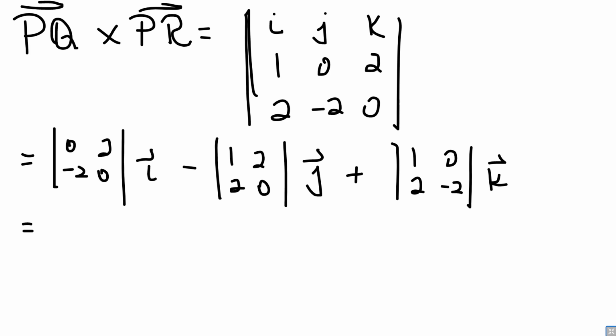Okay, so next, what value will we get right here? Yes, we're going to get a value of 4 in the i direction, minus what value do we get here?